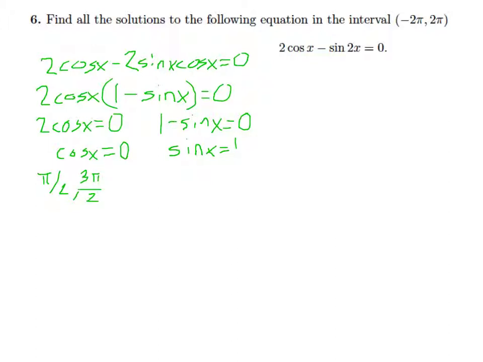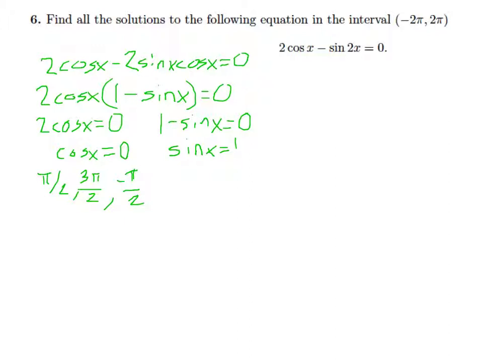And we have to take a look at the interval here. We're not going from 0 to 2 pi like we typically do. We're going from negative 2 pi to 2 pi. So we're going to have to go around our unit circle backwards also to get all the solutions for cosine. So if we're going backwards, we're going to go around to negative pi over 2, which would be equivalent to 3 pi over 2, but we're going to write it as a negative.